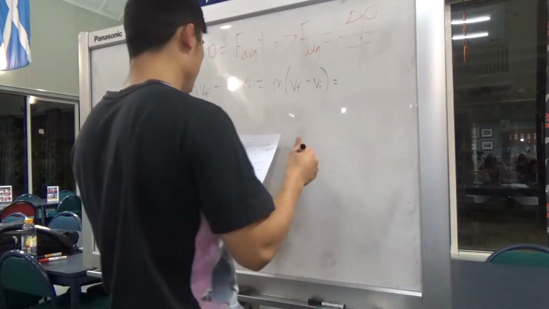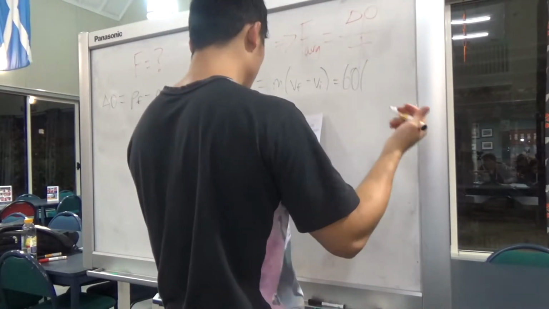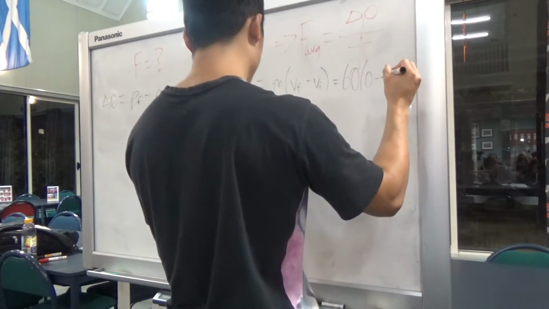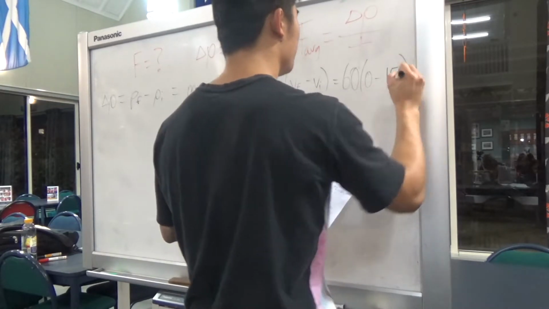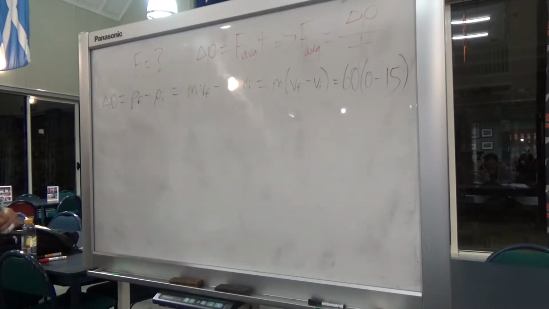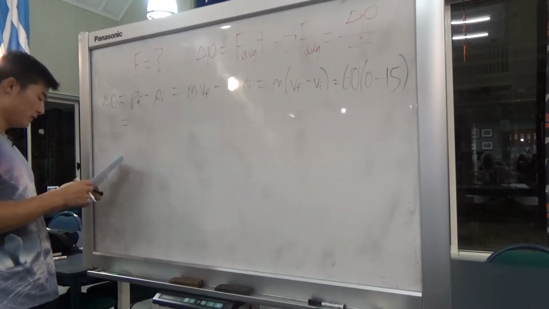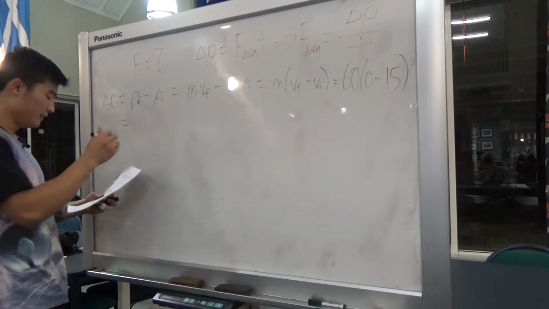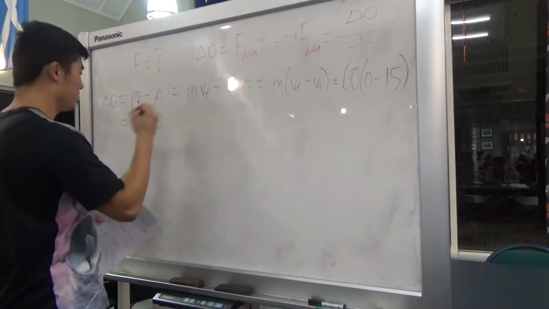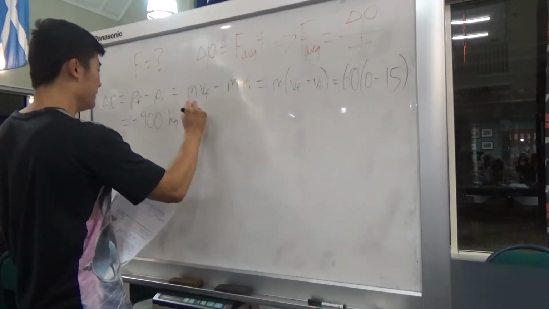Mass is 60, times final velocity is 0, initial velocity is 15. So 60 times negative 15. That will give you a change in momentum of negative 900, because she's lost momentum. Negative 900 kg meters per second.